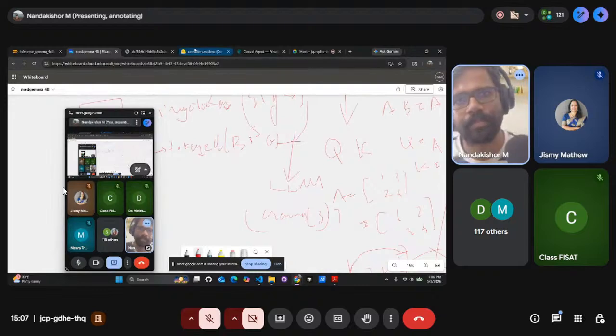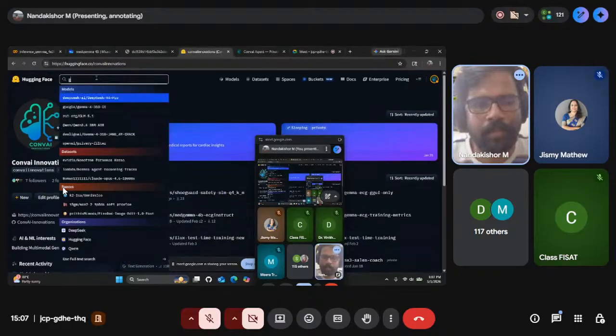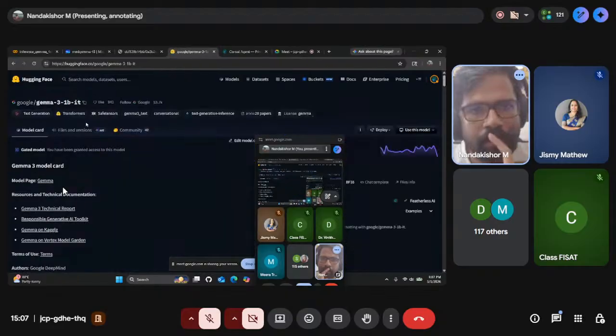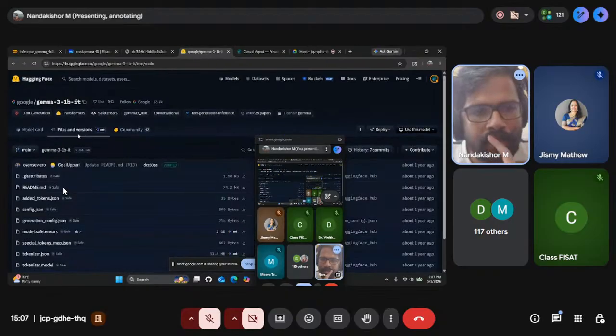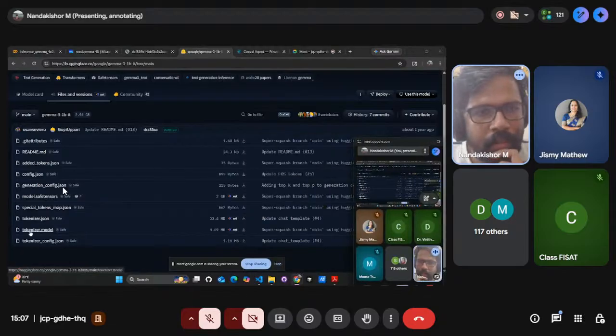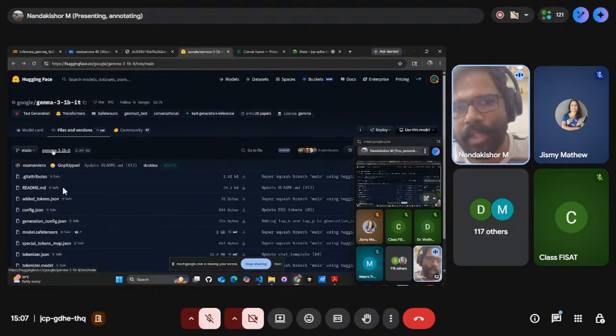If you go to the Gemma 3 link, you can see the tokenizer model here. Gemma 3 1B is actually a text generation model only.